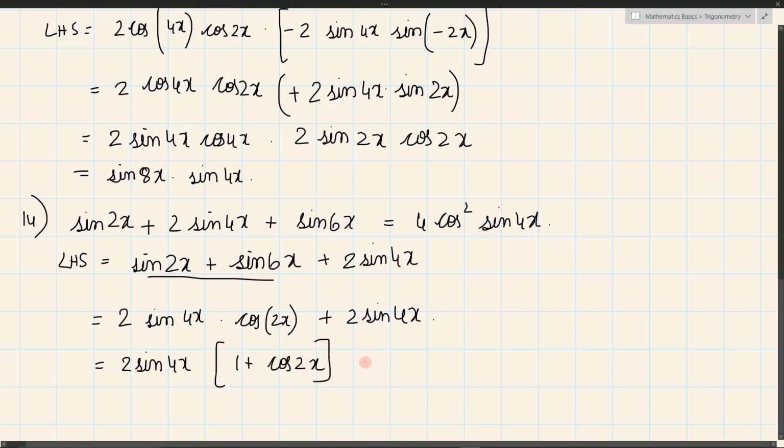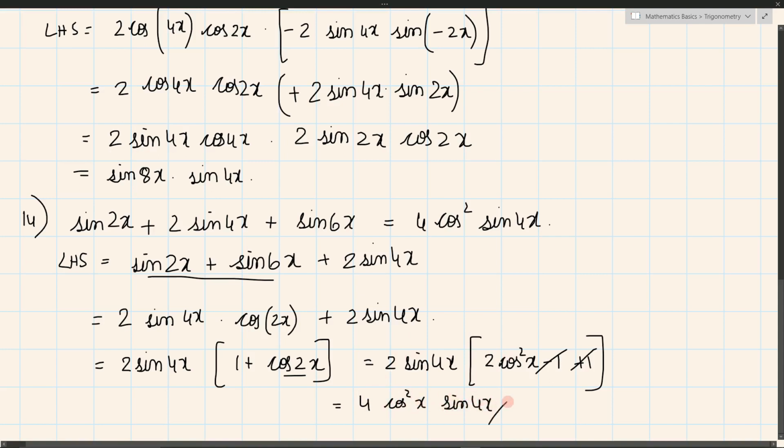We can write cos 2x as 2 cos square x minus 1, so plus 1. Minus 1 and plus 1 will be cancelled. So what we have is 2 into 2 is 4 cos square x into sine 4x, right?